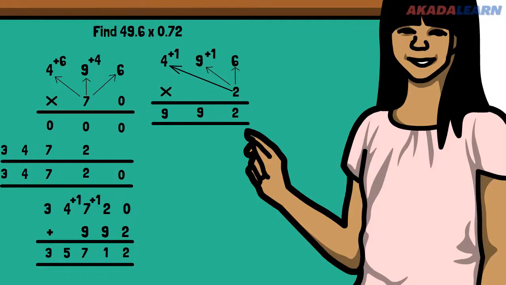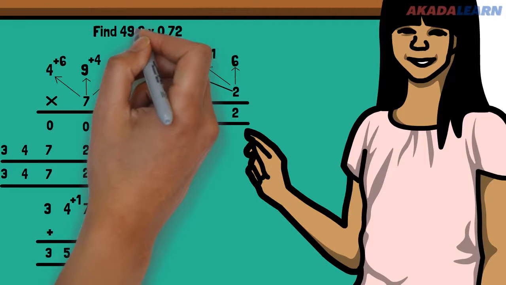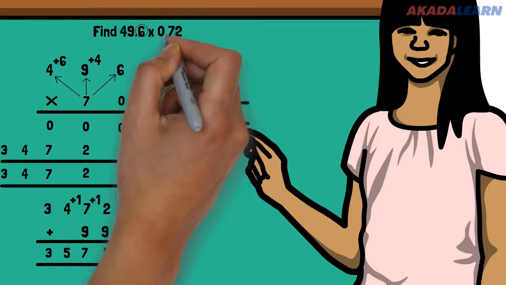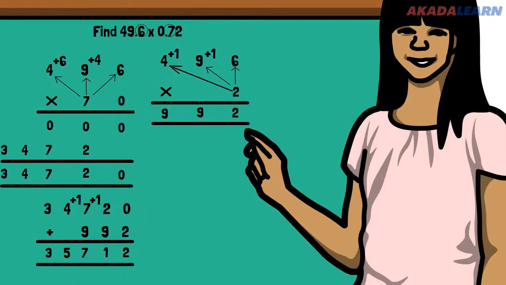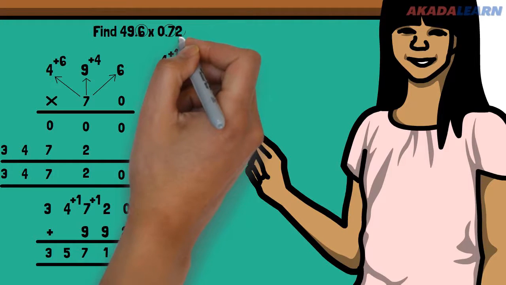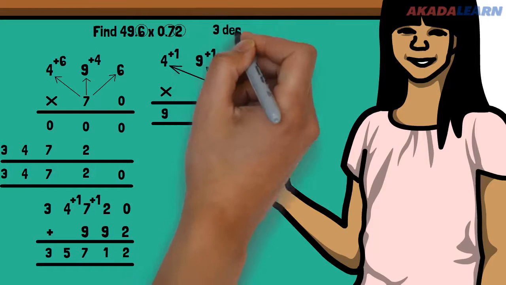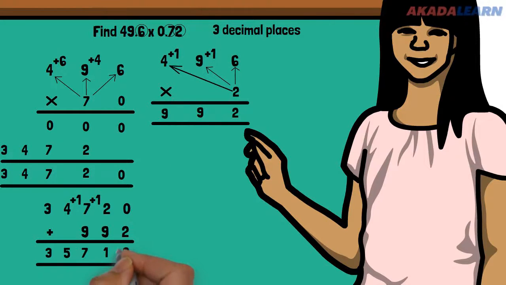Alright, now we have to find where to put the decimal point. So we look at the numbers and see how many numbers are after the decimal point. In 49.6 we have just 6, and in 0.72 we have just 7 and 2, which makes it 3 decimal places.